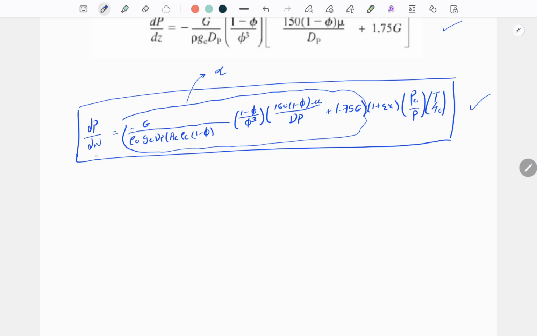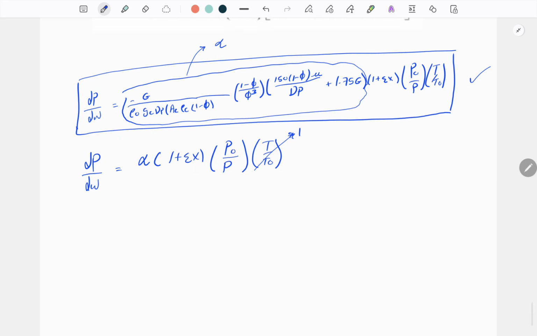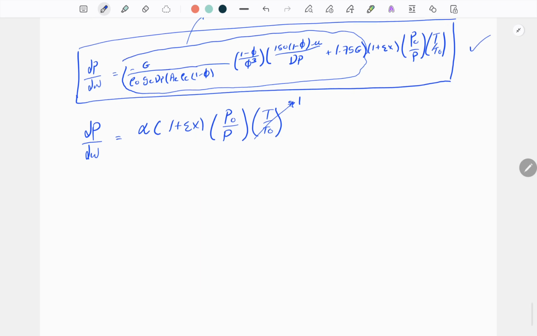Therefore we can say dP over dW equals alpha times 1 plus epsilon x times P naught over P times T over T naught. As we said in the previous classes, we're working with an isothermal reactor, so therefore this is 1. Okay, so that's our dP dW.